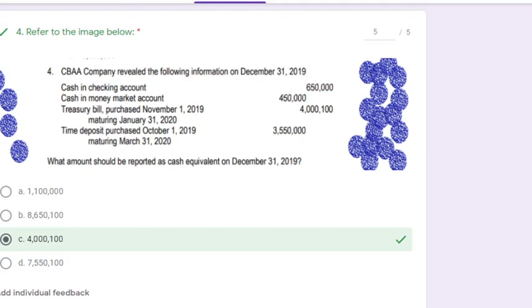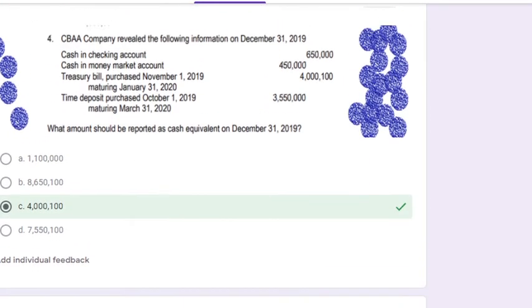Ano ang tawag sa kanya? It can be classified as an investment, but not a cash equivalent. So, the answer for number 4 is letter C, yung 4,100,000 lang. That is 4 or 5 points.